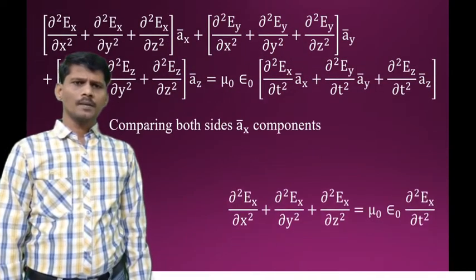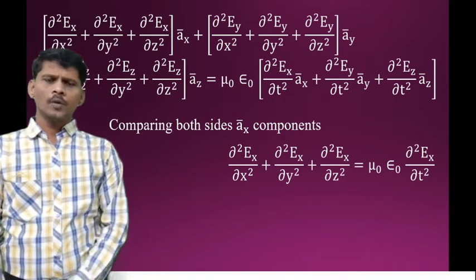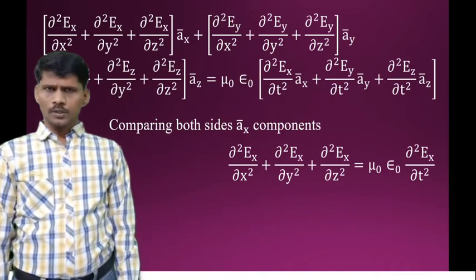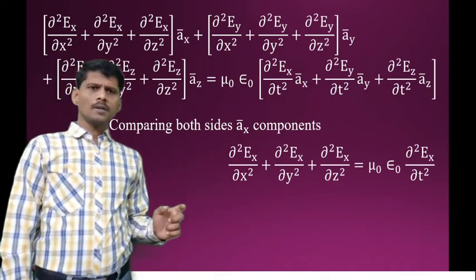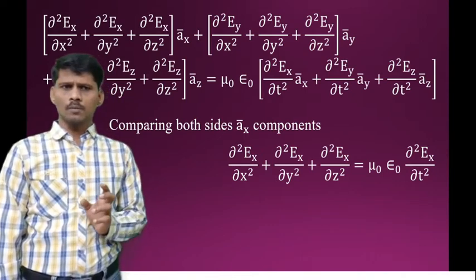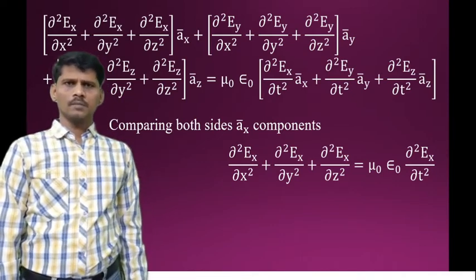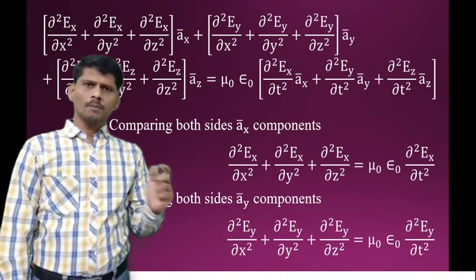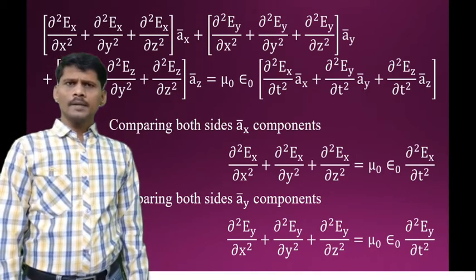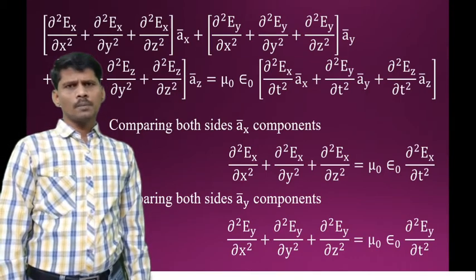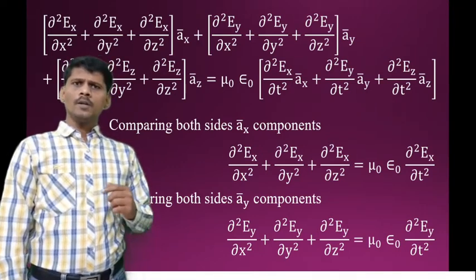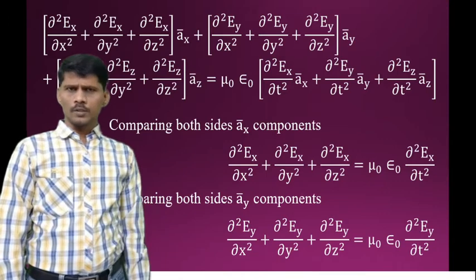Comparing the Ax bar components on both sides, we have dou square Ex by dou x square plus dou square Ex by dou y square plus dou square Ex by dou z square is equal to mu naught epsilon naught dou square Ex by dou t square. Similarly, comparing the Ay bar components, we have dou square Ey by dou x square plus dou square Ey by dou y square plus dou square Ey by dou z square is equal to mu naught epsilon naught dou square Ey by dou t square.